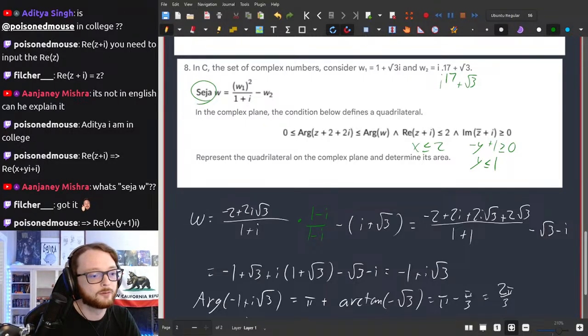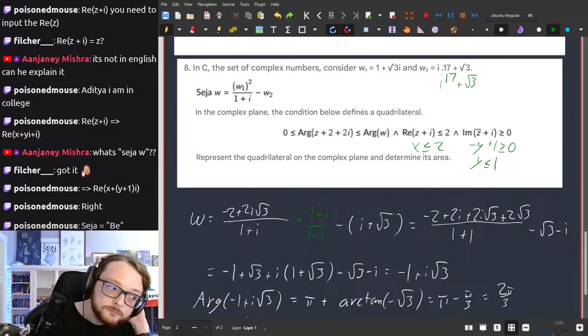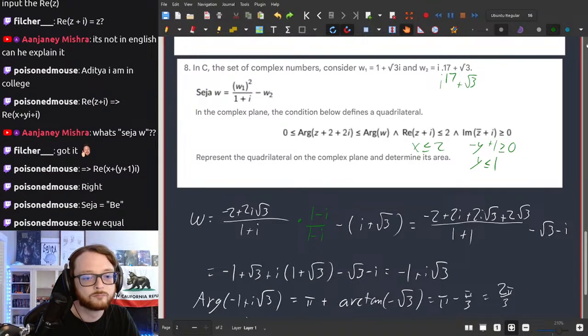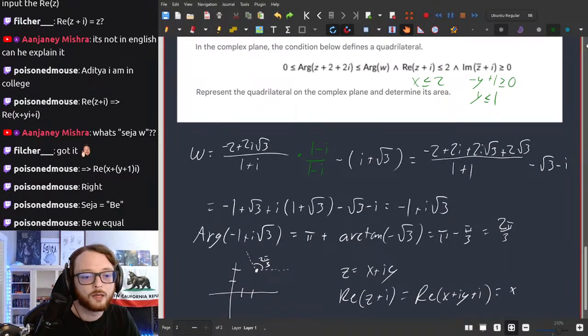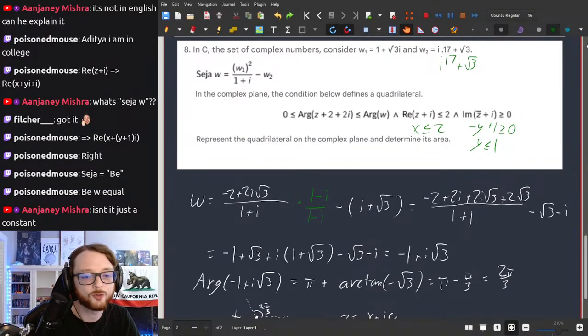That just means set a variable w equal to this, and w1 and w2 are given. It is just a constant. For whatever reason, they make you do some computation before you can actually do the problem. I don't know why.